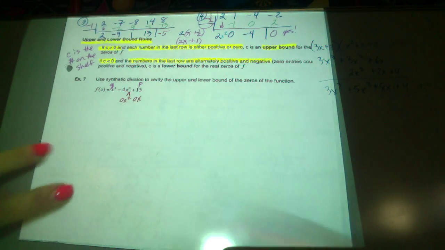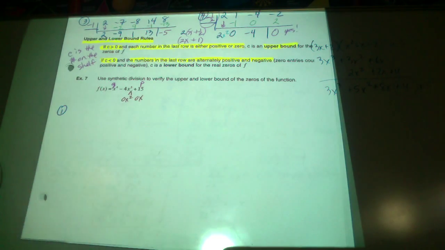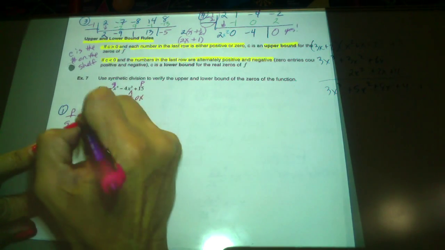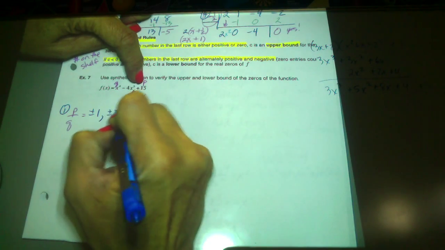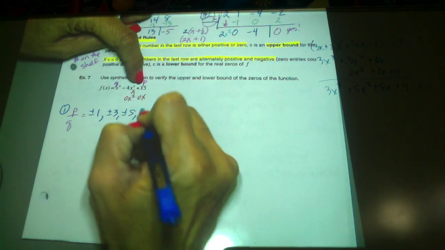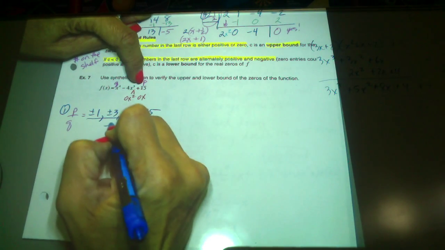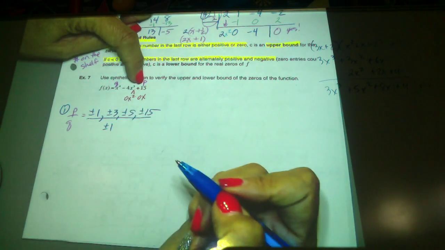So let's do step 1. Let's find all of our possible factors. So I'm going to take P and divide it by Q. What are the possible factors of 15? 1, 3, 5, and 15. The possible factors of 1 are plus or minus 1.